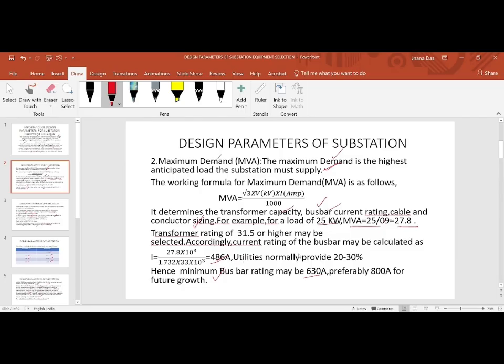The utilities normally provide 20 to 30% above the normal value. So the minimum bus bar rating may be 630 ampere, and preferably it should be 800 ampere, taking future growth into consideration.